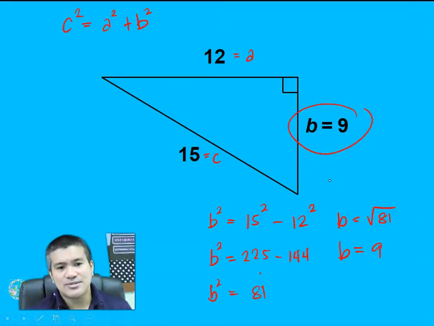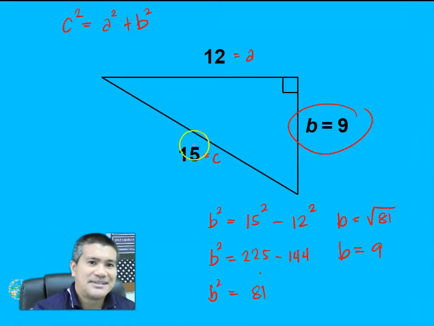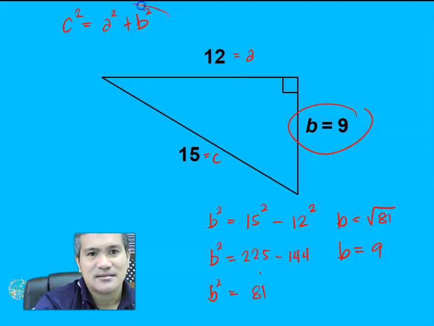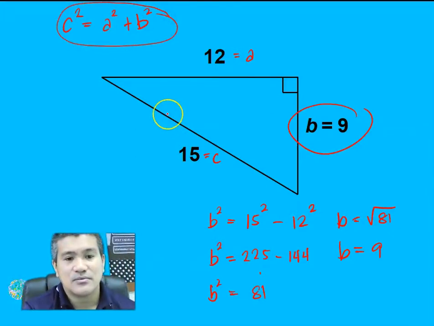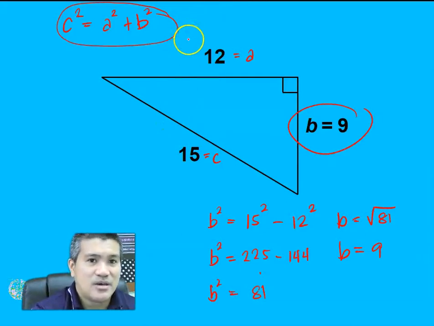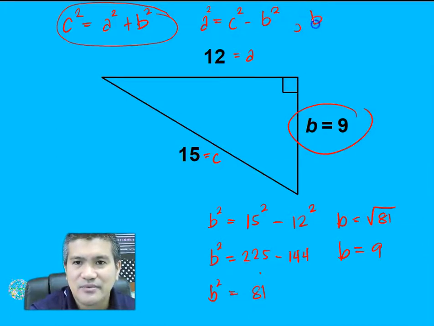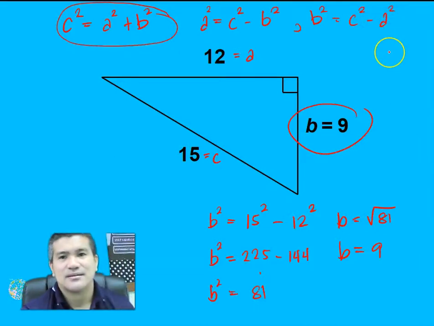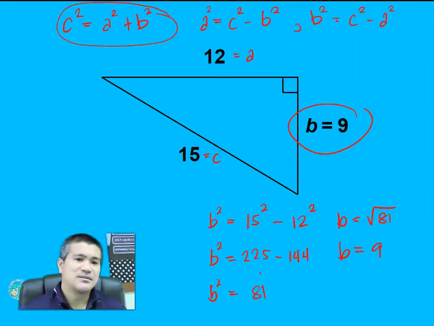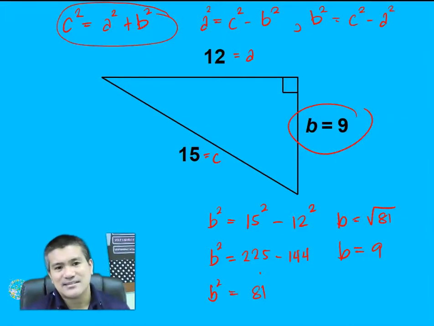So when you're going to solve for a triangle, always remember the original, or the main equation for the Pythagorean theorem. And then you can create an equation of a squared equals c squared minus b squared. If you are going to solve for b, you will have c squared minus a squared. So that is how Pythagoras helps mathematics to solve triangles, or to solve the legs of a triangle.